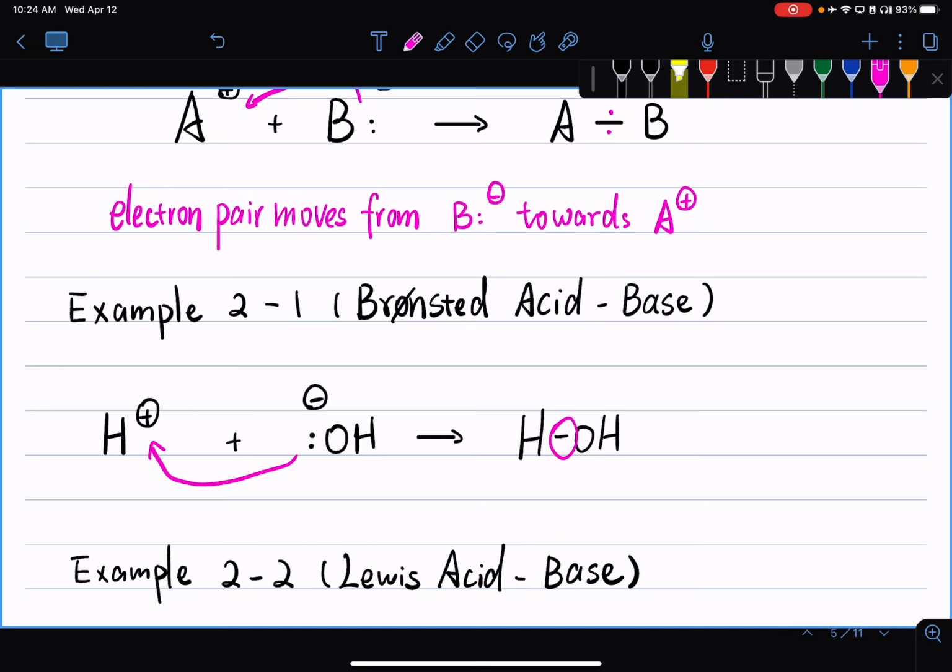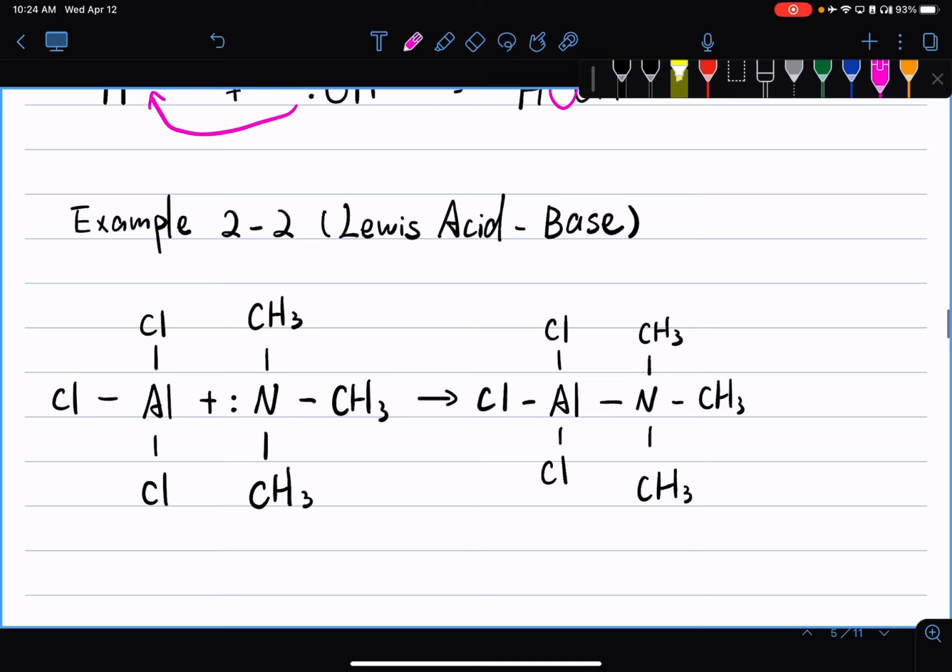Let's see one more example, which is the Lewis acid base. Again, we'll talk more about Lewis acid base on Friday. But here's the idea. We start from the lone pair on the nitrogen. So that's where your electron pair is. And here, if we look at aluminum and the halogen, one of the things you can quickly derive is your aluminum center is going to be more electropositive, or you have a partial positive charge on the aluminum.